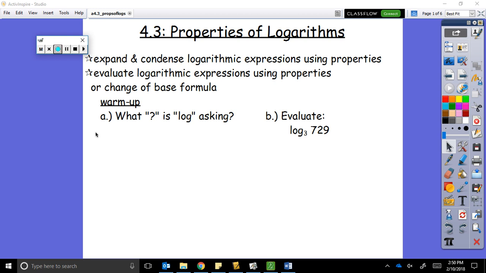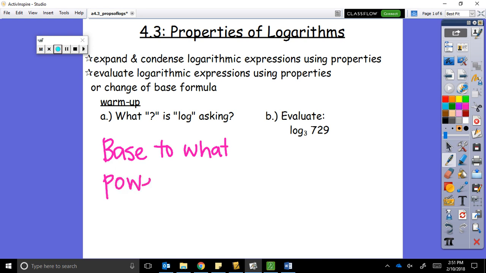Okay, so let's talk about these two things first. What question is log asking? Log is asking your base to what power equals the number.